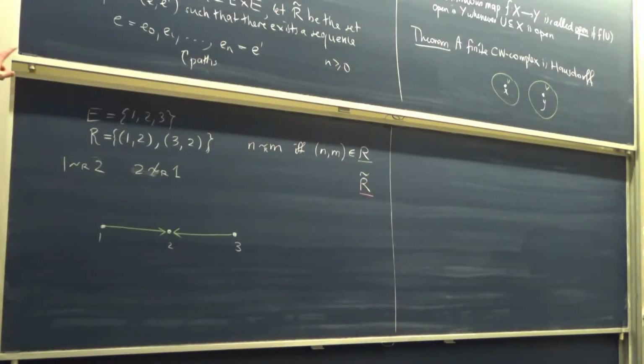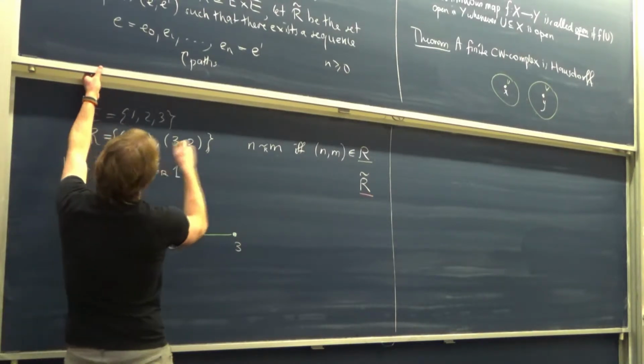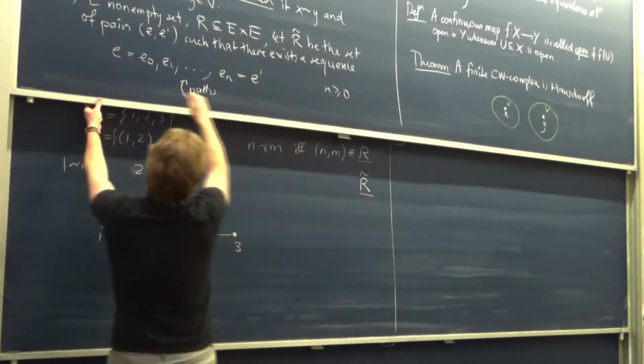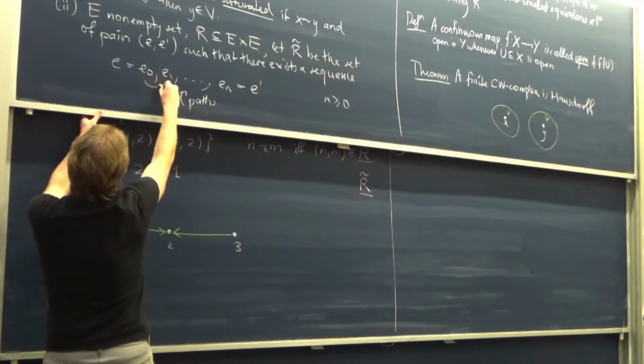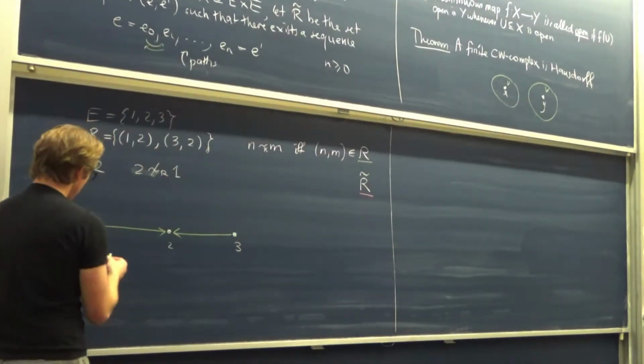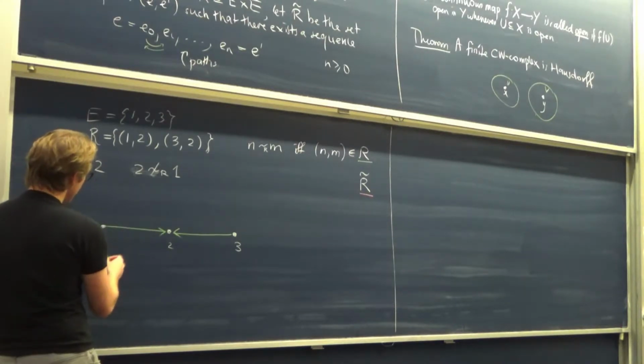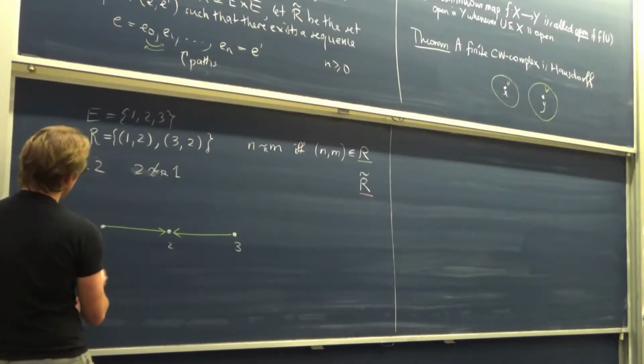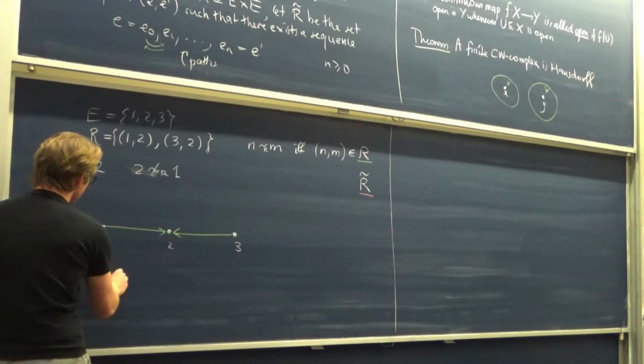Okay, so I'm going to draw a red arrow from E to E prime if I can set up some sequence of green arrows, right? So I need E0, E1 to be in there, or E1, E0 to be in there. Okay, so here's an example of a path. 1, 2, 3.